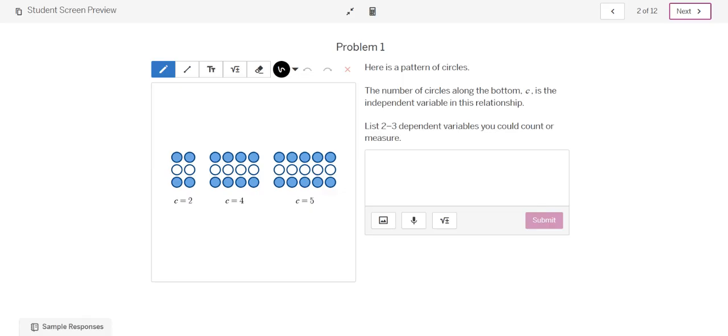So the number of circles along the bottom, C, is the independent variable. C would be along this way if we were to graph this, and this is list 2 to 3 dependent variables.